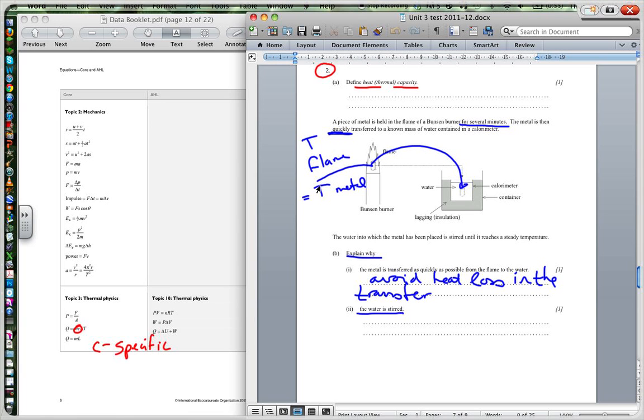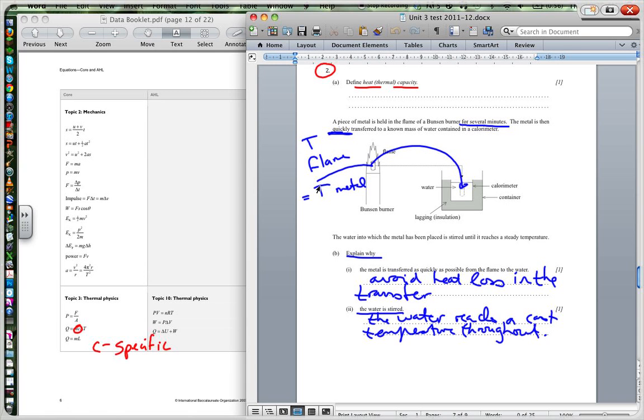And the water is stirred. This is to ensure, because we're measuring the temperature here, that the water reaches a constant temperature throughout the liquid.